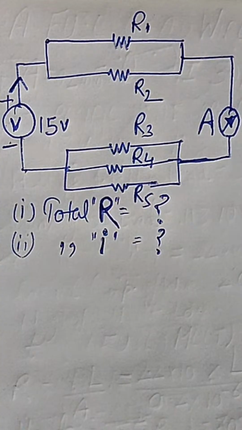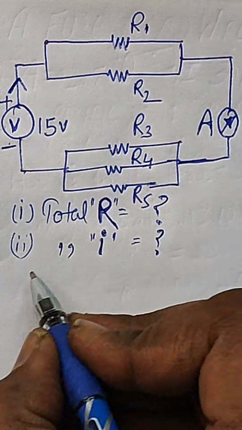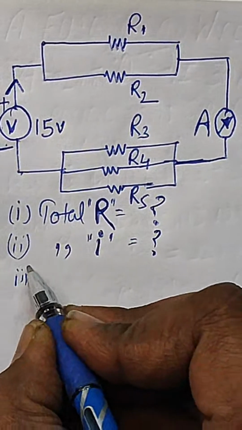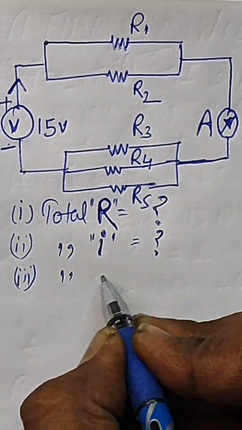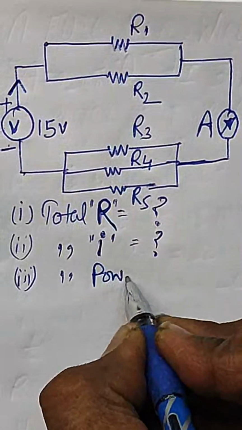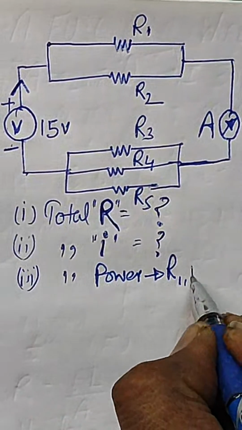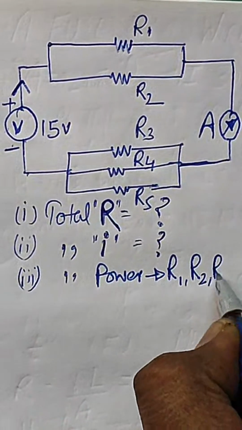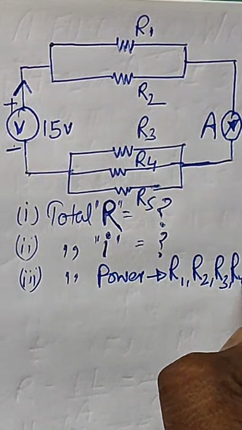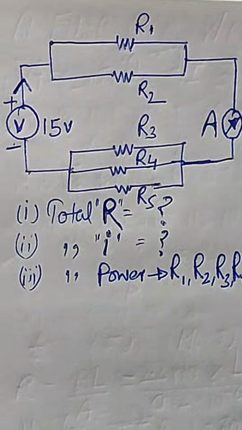And the third part is to calculate the power dissipated in each of the resistors, right? The third part is the total power across R1, R2, R3, R4 and R5, right?